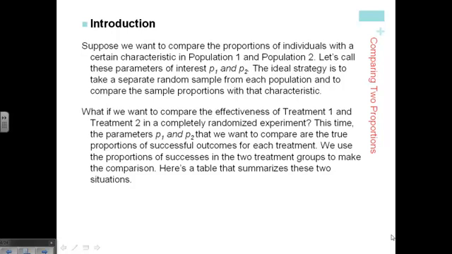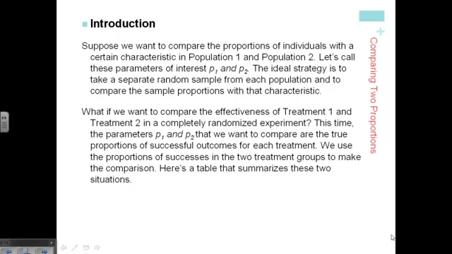Also, we could describe the two groups that we're studying as a treatment 1 group and a treatment 2 group. Does acetaminophen help reduce headaches better than aspirin?